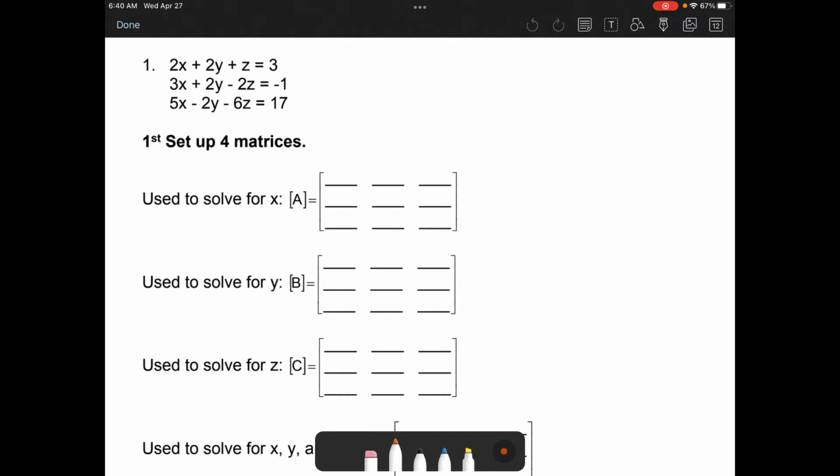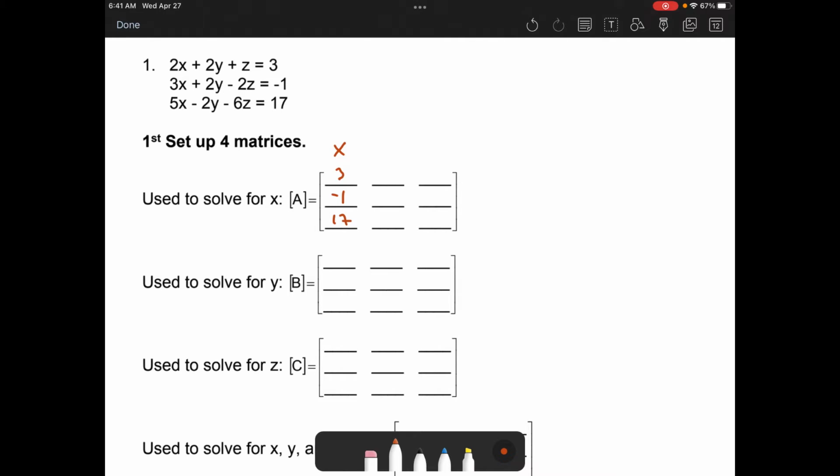The first matrix we're going to name matrix A, and this is the matrix we're going to use to solve for x. The first thing I like to do is make the first column in my matrix, my x column. I'm going to take these coefficients 2, 3, and 5 of x, and replace them with 3, -1, and 17, my constants in my system.